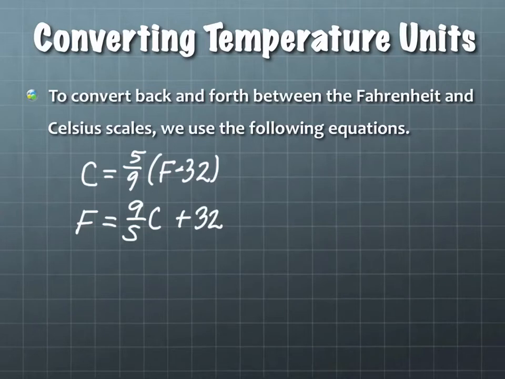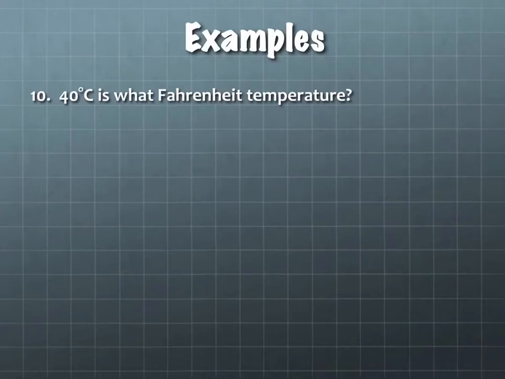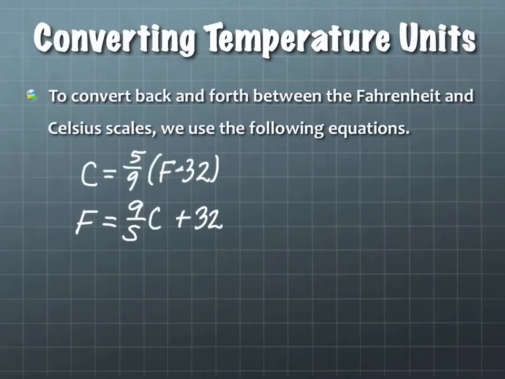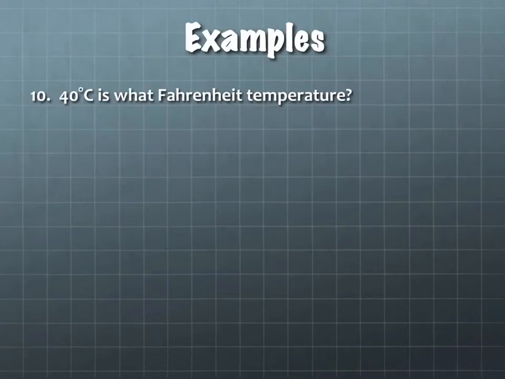So our last example for this whole semester together in this format is what in the world would 40 degrees Celsius be in Fahrenheit? So looking at that, you can actually pick which formula you like to use, but one's a little bit more direct than the other one. Which one would be the most direct formula to use? The second one. So I have Fahrenheit equals 9/5, Celsius plus 32.